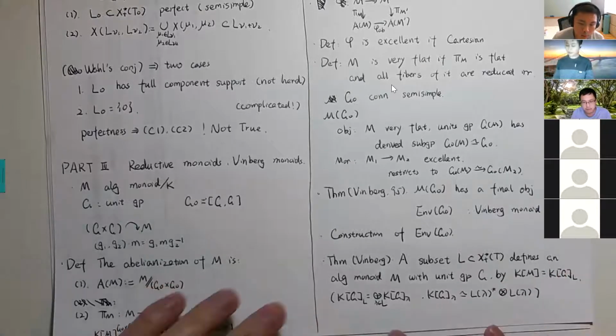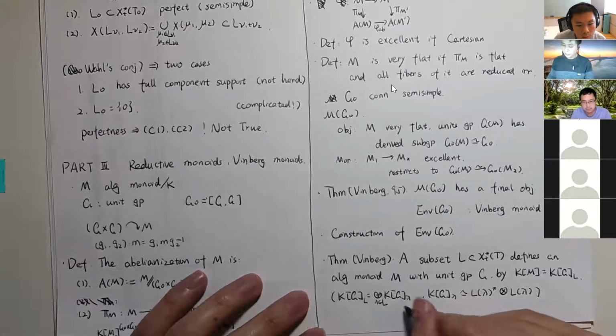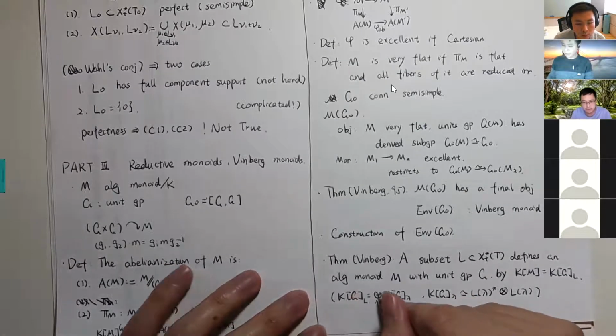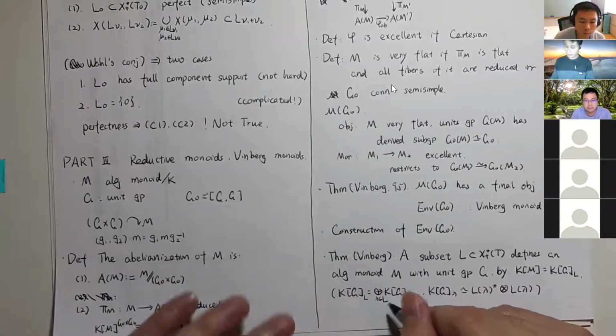This is based on a decomposition of K G: K G can be written as a direct sum of K G lambda for all dominant weights lambda.